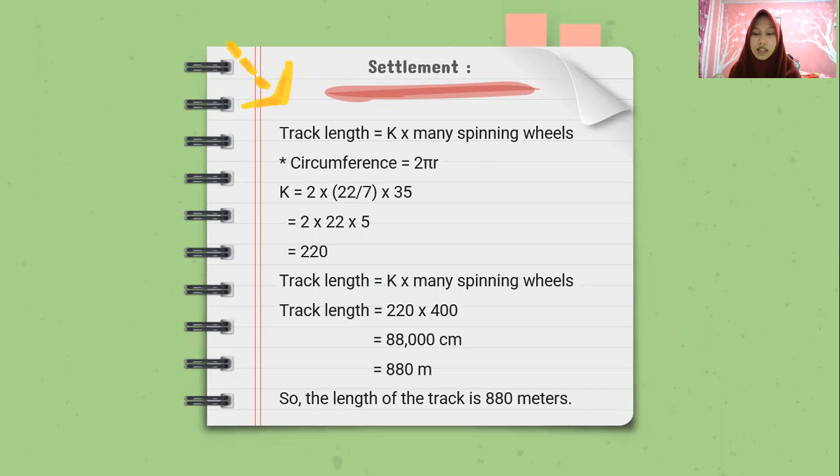Track length is K times the number of wheel spins. Track length is 220 times 400, which is 880 meters. So the length of the track is 880 meters.